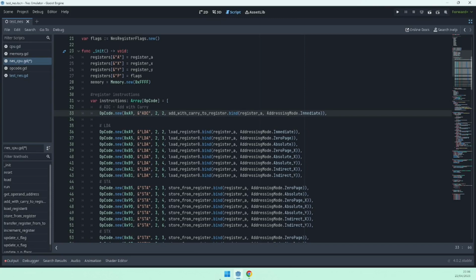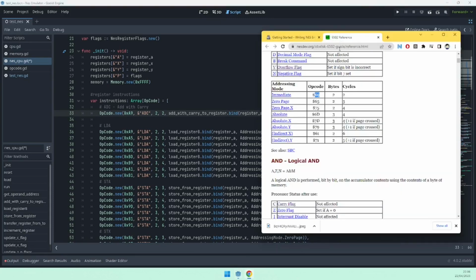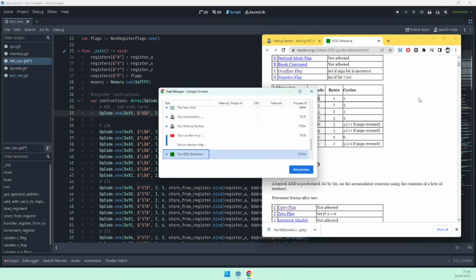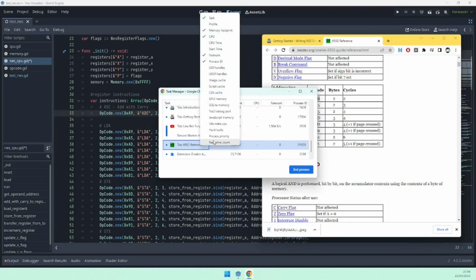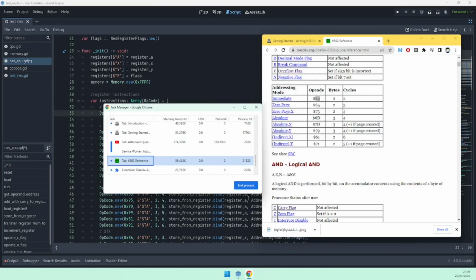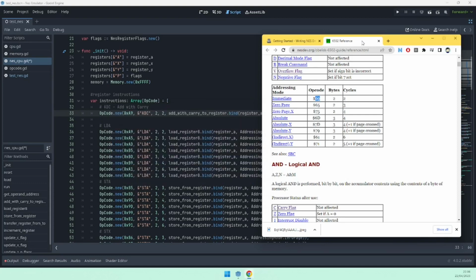Okay, so let's see our reference again. Can I make this to stay always on top? Task manager, can I make this always on top? Profiles, view, no, this is just information about the columns for this table. Okay, that's sad.